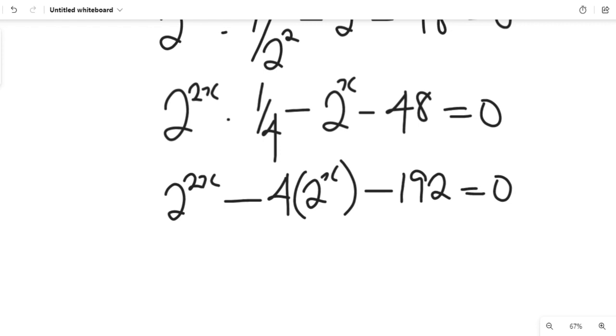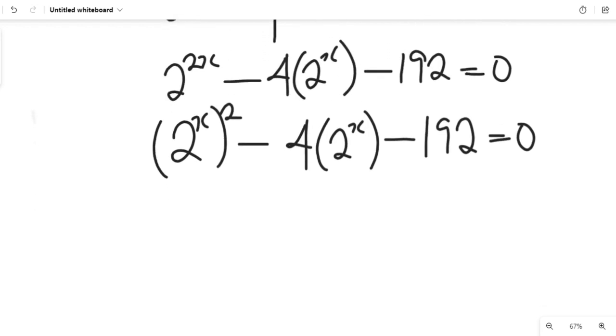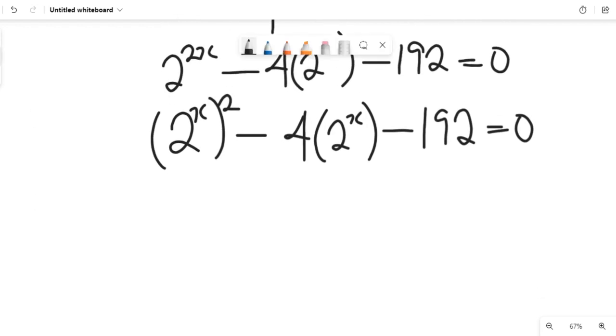According to the law of indices, we can write this as 2^x all squared, minus 4 multiplied by 2^x, minus 192. If you come to see this, this is typical of a quadratic equation. All we simply need to do is to let 2^x be equal to y.